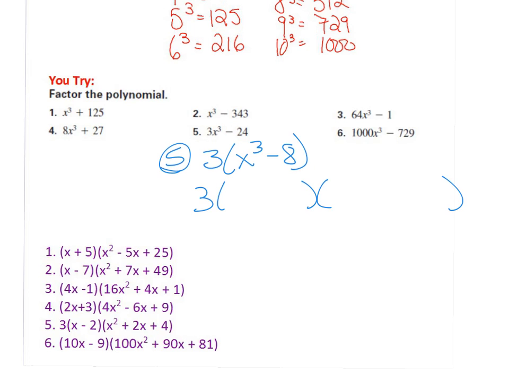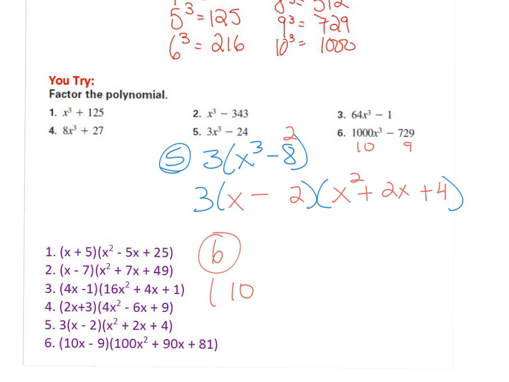and 8 is 2 to the third, so we've got x and 2, x squared, 2 times x, 2 squared, same, opposite, always positive. I'll do 6, so that has some big numbers. 1,000 is 10 to the third, and 729 is 9 to the third.